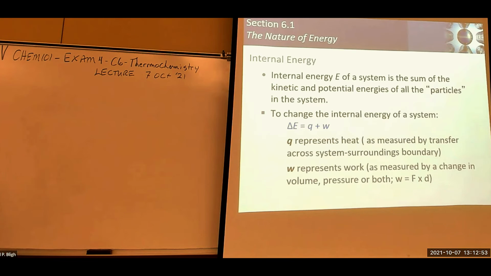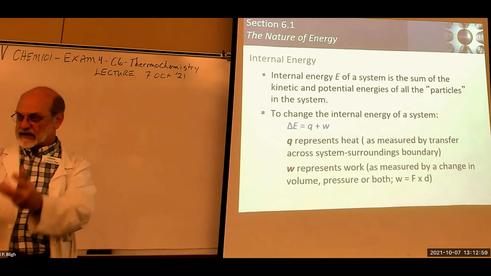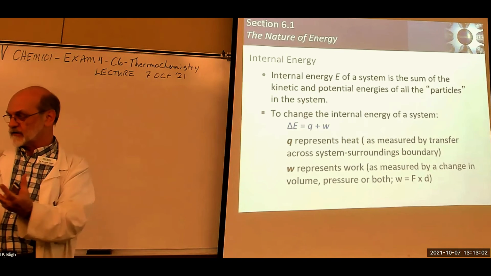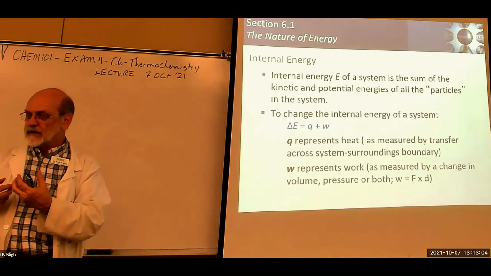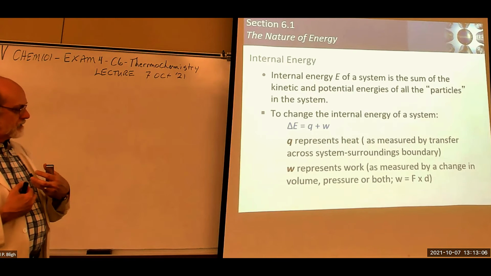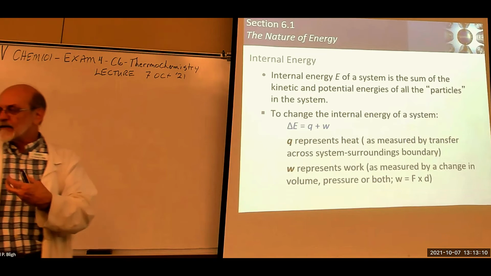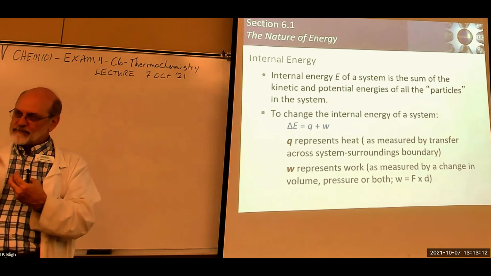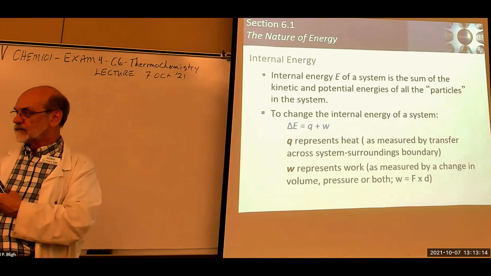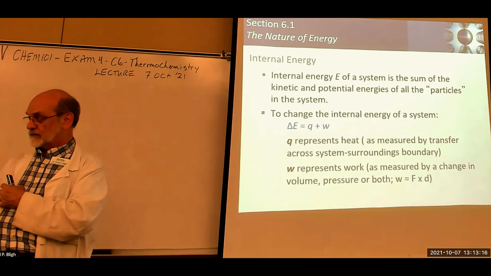But within a system, a defined system, you can get changes in energy, right? Because it's just a pocket of the universe. It's not the whole universe. So you can get energy changes within a system if you allow energy to cross that boundary between the system and the surroundings.